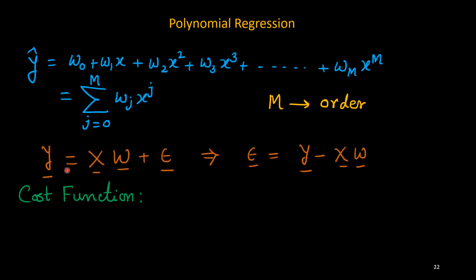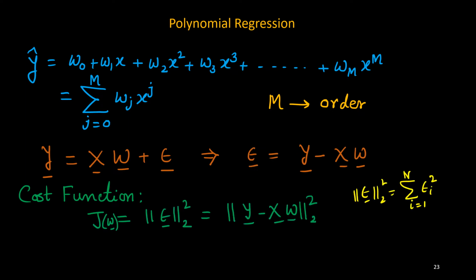So we can write in this compact form y equals capital X W plus epsilon. So we can extract this epsilon vector as y minus capital X W. Now we can consider one cost function, one value considering all the errors. Obviously that cost function should be a scalar, so from this vector we need to get one scalar value.